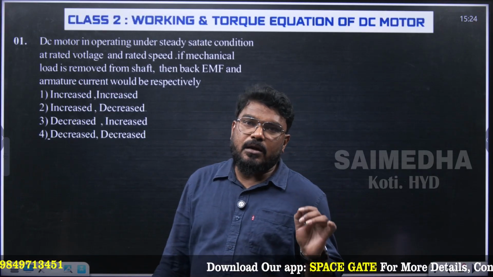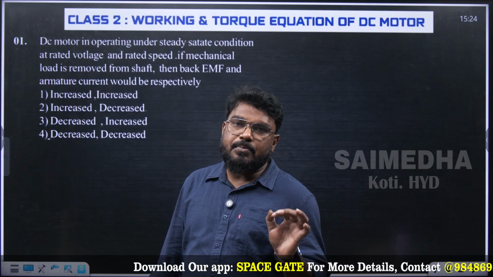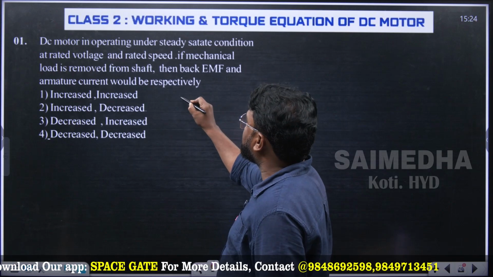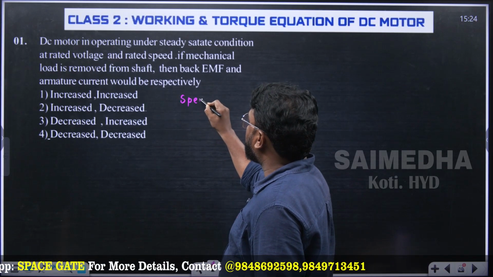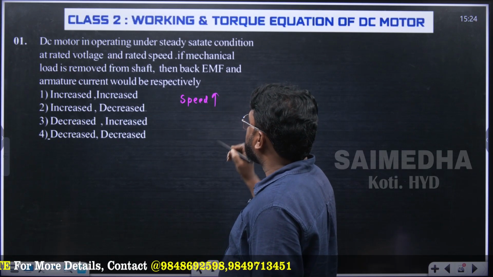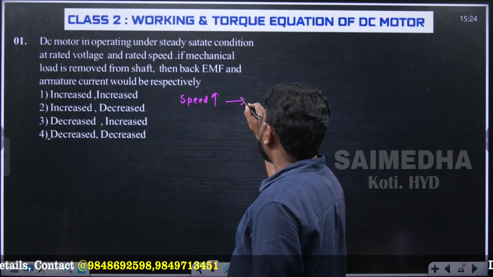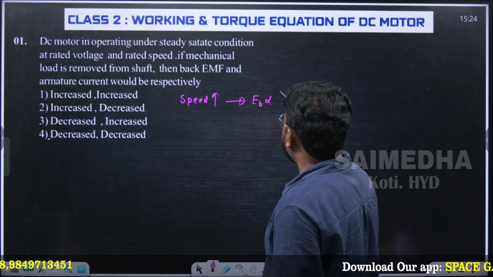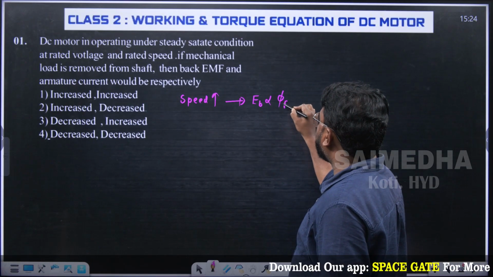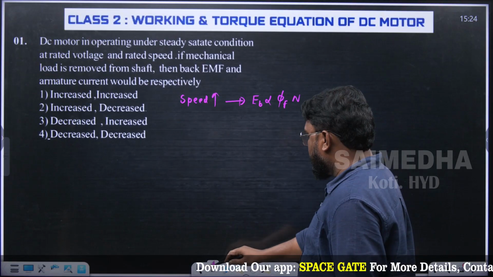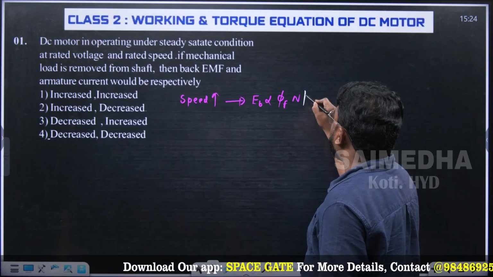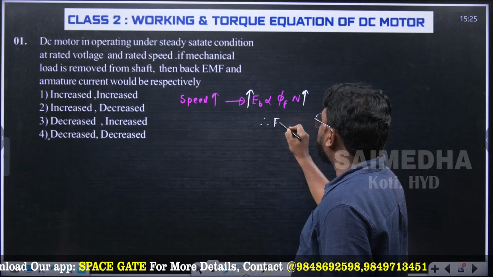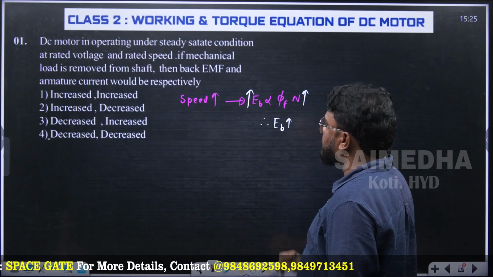If mechanical load is removed from the shaft of the motor, the speed of the motor increases. So what will happen to the back EMF? Back EMF is directly proportional to the field flux and the speed. So an increase in the speed of the motor increases the back EMF, EB.